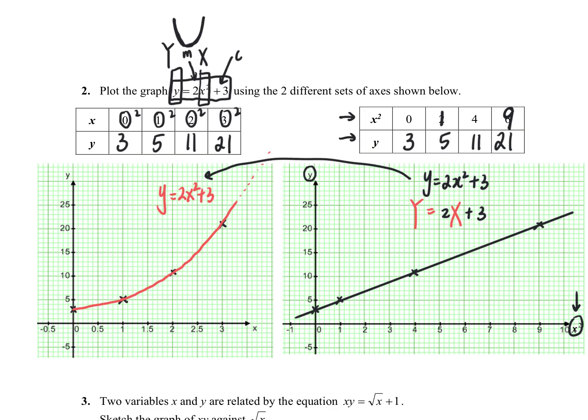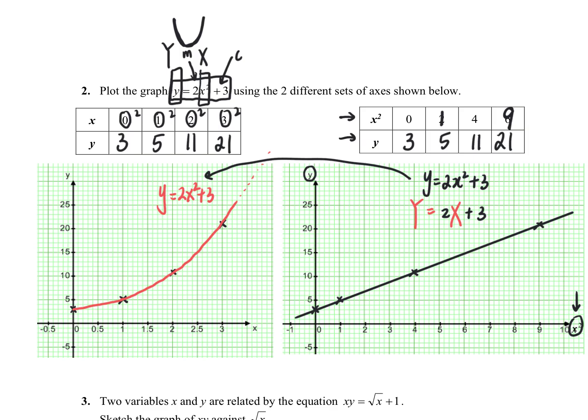But when we linearize it, we are changing your x squared into your x-axis, the big X. And then your y is the big Y. And then when you draw, actually this straight line has gradient 2 and y-intercept 3. So you have linearized it into a straight line graph. Yes. They are the same relationship, but this one can help you predict the gradient, the rate of change. Okay? Yes.